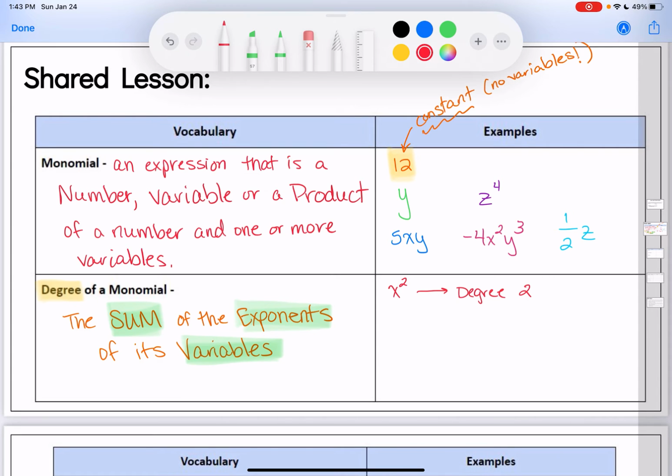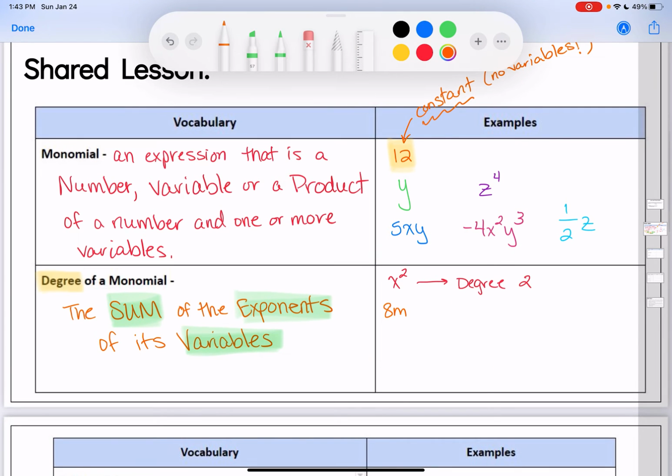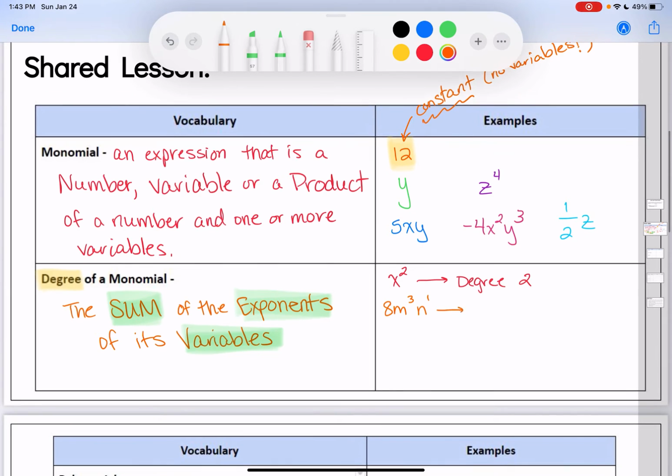Okay, let's say that I have the monomial 8m to the third n to the first. So in this case, I would take the 3 and the 1 and I would add them up, and I would get 4. So I'm adding my exponents on my variables, right? All right, so let's say that I have negative 7xy squared.